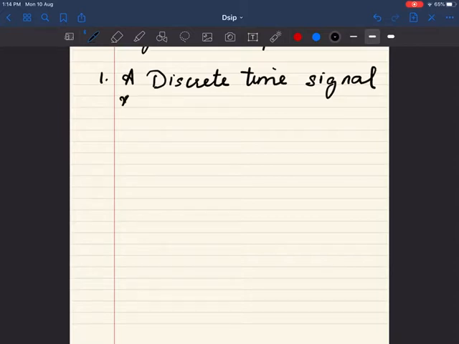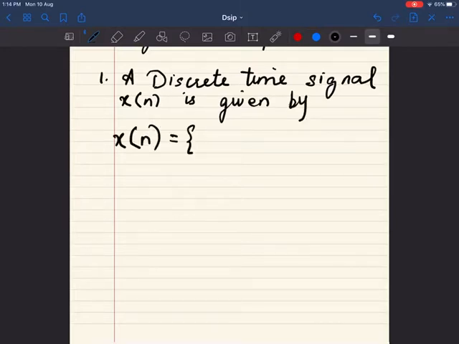x of n is given by 1, 2, 1, 1, 2. My origin is at 2. The arrow means that the origin is at 2.